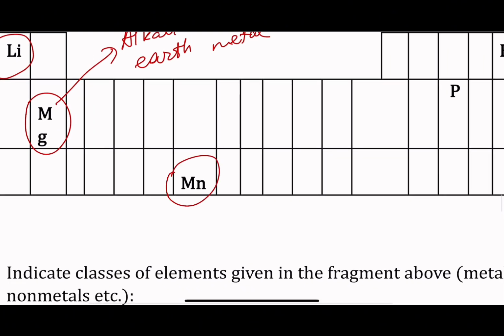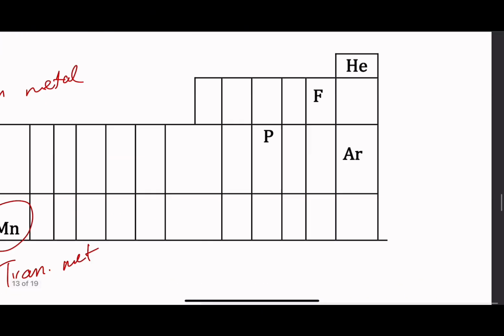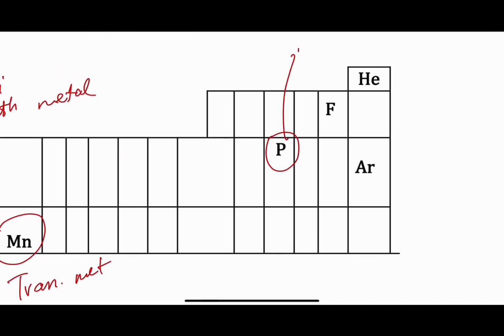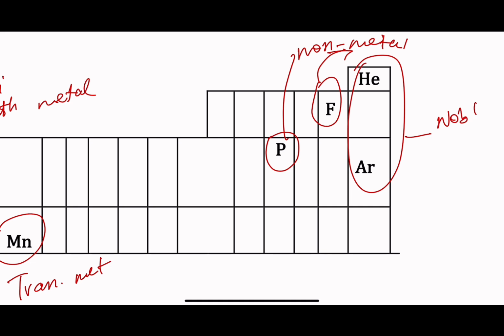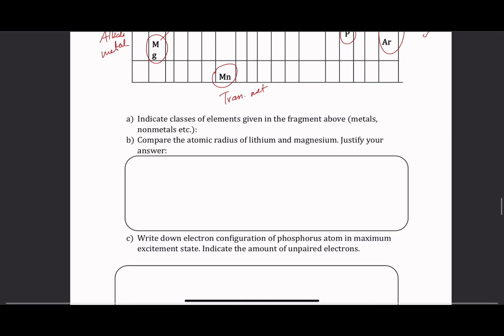And this is a transition metal, while this one is a non-metal, and fluorine is a non-metal as well, while the last group are the noble gases. This is something we have done many times.